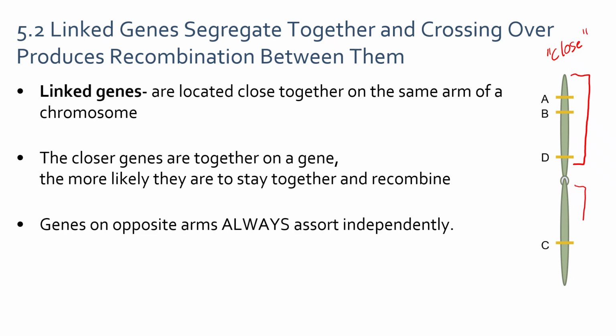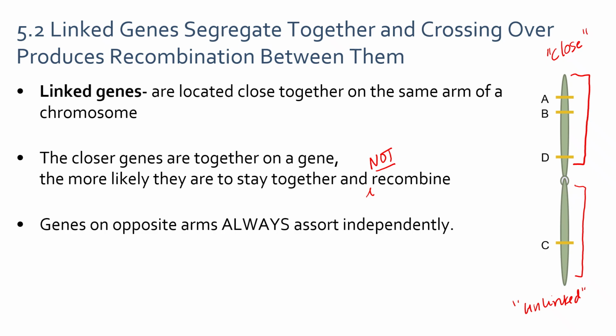If they are on the other side of the chromosome, the other side of the centromere, they are considered unlinked. And this has to do with what we call recombination frequencies, and we'll look at that in just a few minutes. So when we talk about linked genes, really all we can say is that they are close together and they are far away from others. Now, the closer two genes are to one another, the more likely they are to stay together and not recombine.